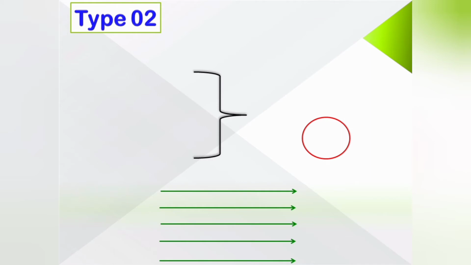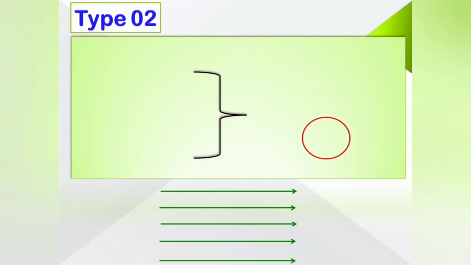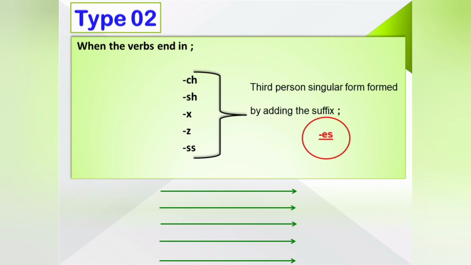Type 2. When the verb ends in ch, sh, x, z, or double s, the third person singular form is formed by adding the suffix es. Look at these examples.